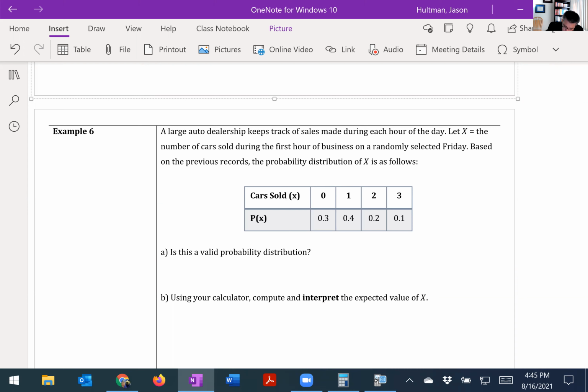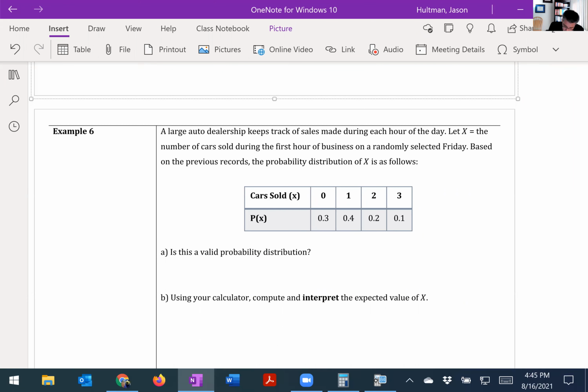Based on previous records, the probability distribution of X is shown. The probability of selling 0 cars is 0.3 or 30%. The probability of selling 1 car is 0.4 or 40%. The probability of selling 2 cars is 0.2, and the probability of selling 3 cars is 0.1. Obviously, the probability of selling 4 cars or more is 0.